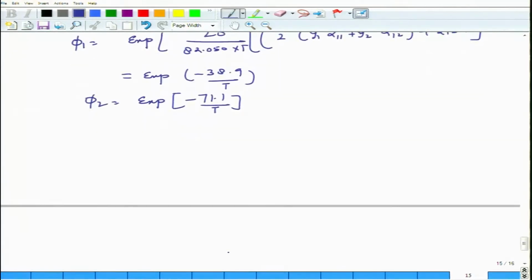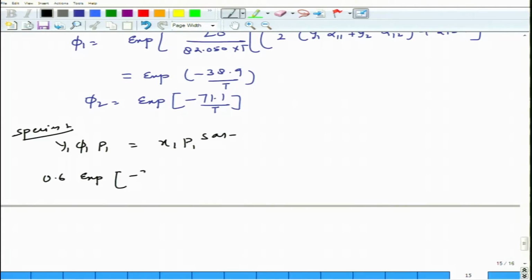So, for the case of species 1, we can write y1 phi_1. Now, you can plug in these expressions. We are considering species 1 as 0.6 and species 2 as 0.4. So, 0.6 exponential of minus 38.9 by T multiplied by 20, again in atmospheric terms. This is x1.